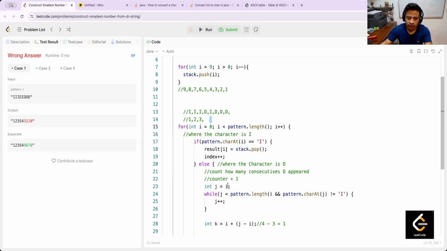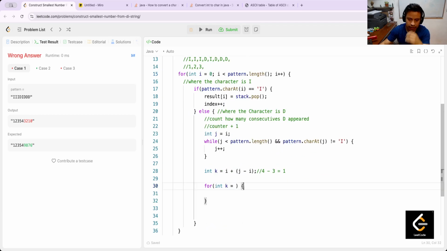Okay. In this, I need to come back, taking the top of the stack. Meanwhile, k is greater than or equal to i, I think. And here I need to use result at the index k, which is equal to stack pop.